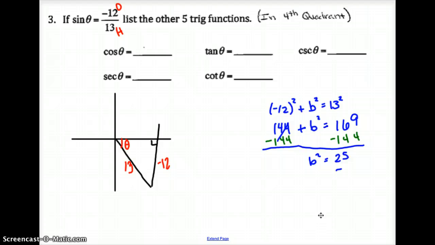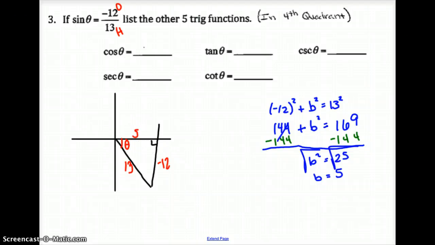Okay, and then I've got to get rid of the square by taking the square root. So square root both sides, and the square root of 25 is simply going to be 5. Okay, so that means my missing side over here is a 5.